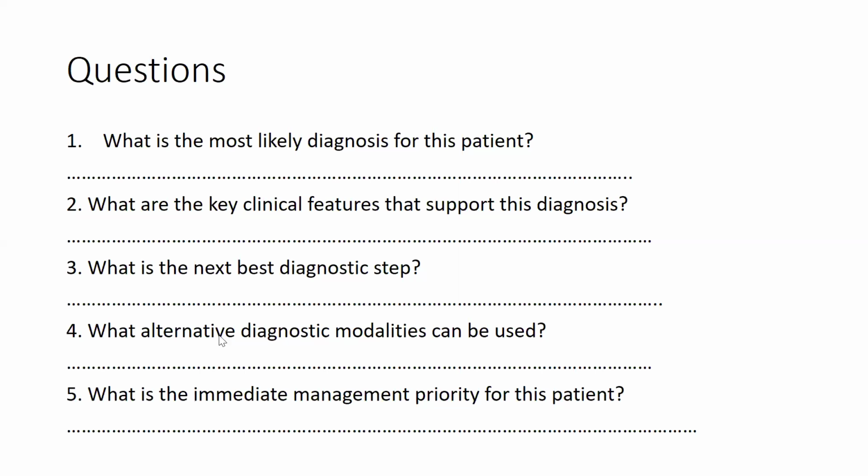What other alternative diagnostic tests can you employ? You can do a bilateral lower limb Doppler. Do a chest X-ray. What other things can you do? We can also do an ECG, D-dimer test, echocardiography.